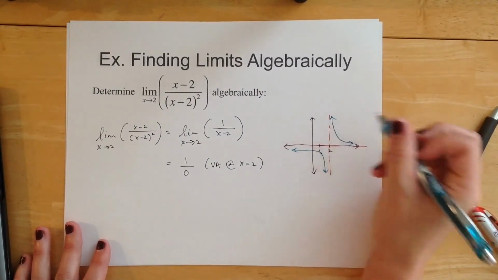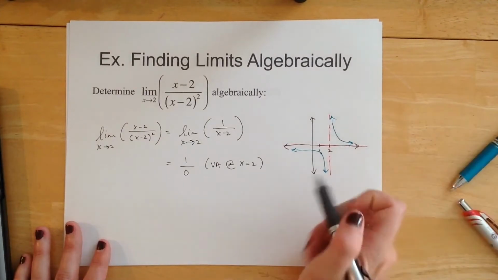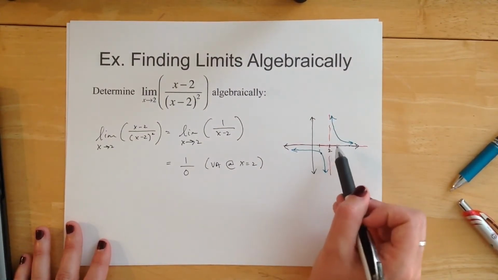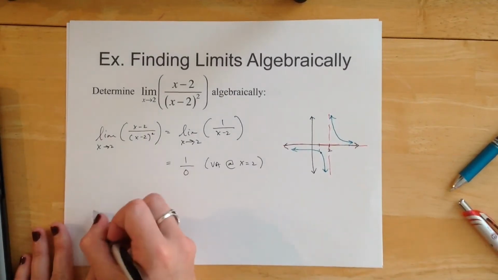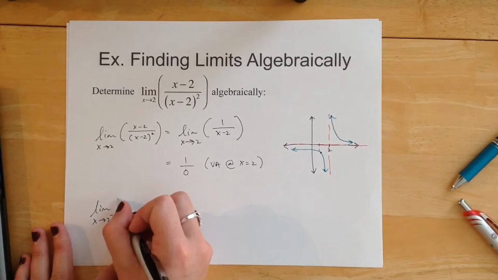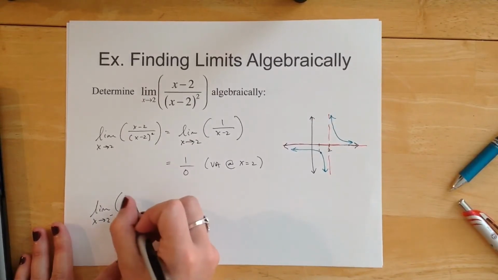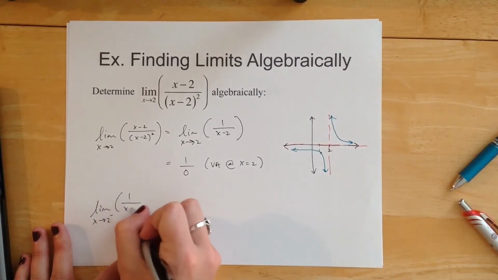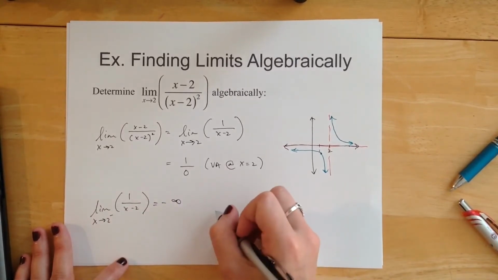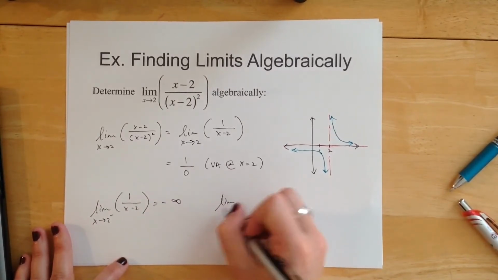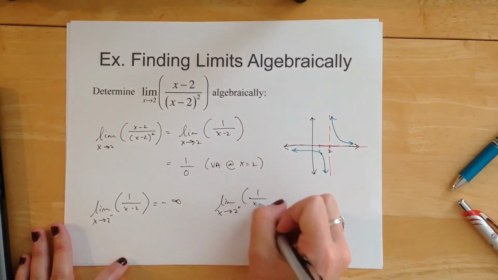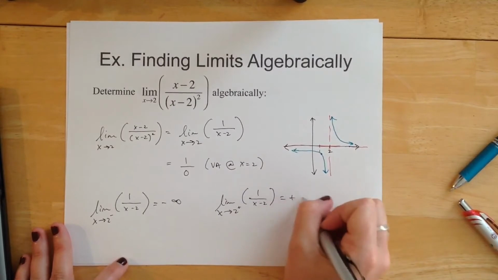So thinking about that graph, and what's happening as x is approaching 2 from the left and right hand sides, the limit as x approaches 2 from the left of 1 over x minus 2 would be equal to negative infinity, whereas the limit as x approaches 2 from the right would equal positive infinity.